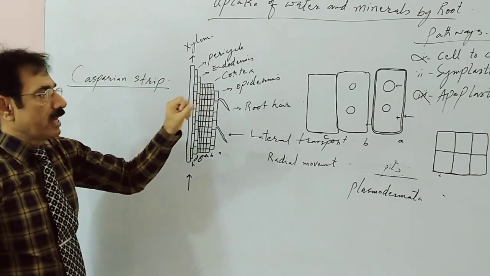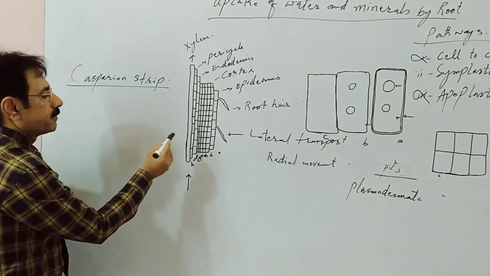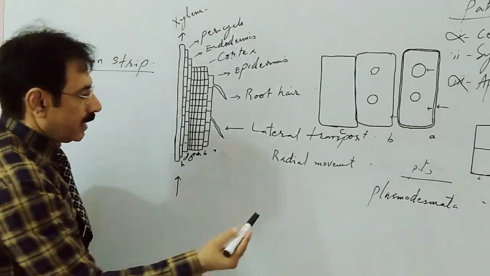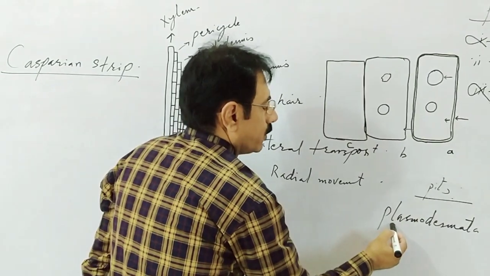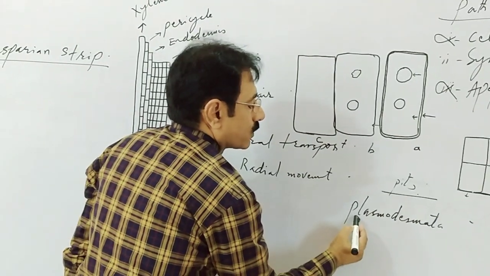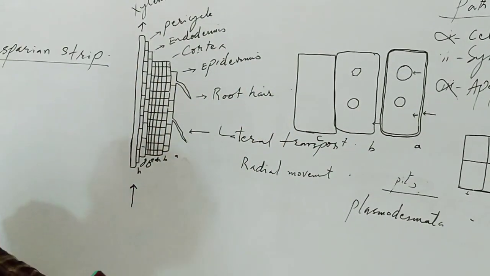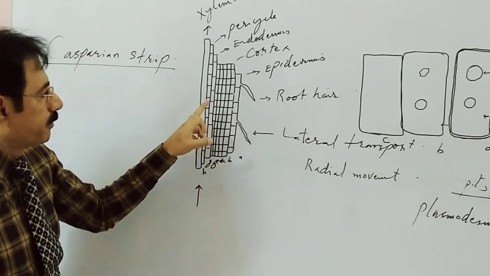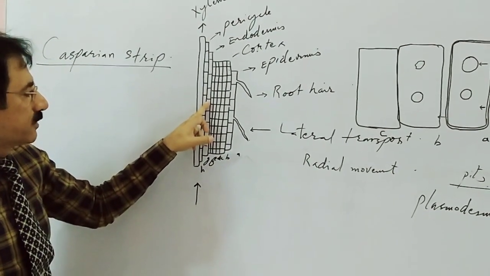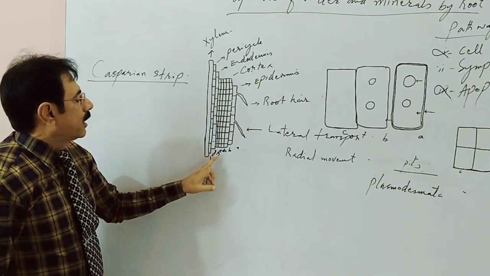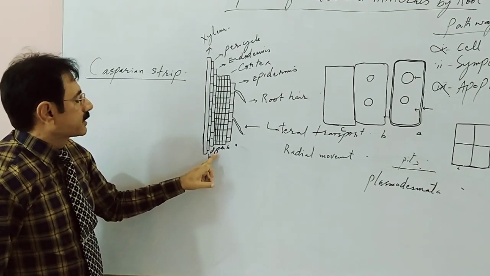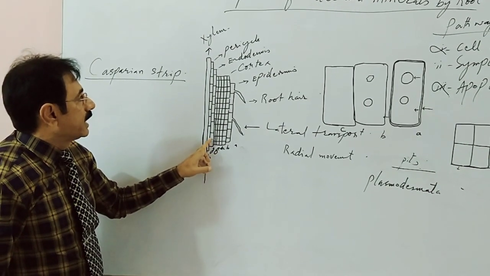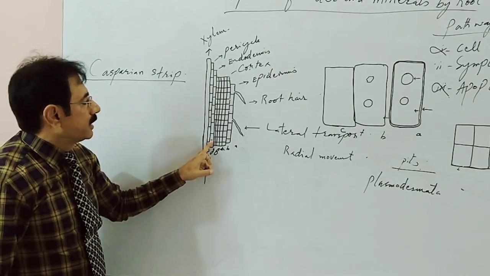So the flow of the water through cytoplasmic connections, that is, through the plasmodesmata, is the only pathway to pass water from the last cell F of the cortex to cell G, the endodermal cell.